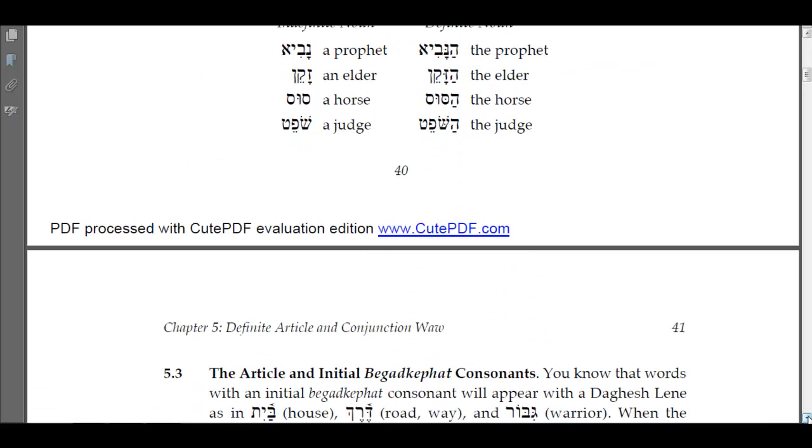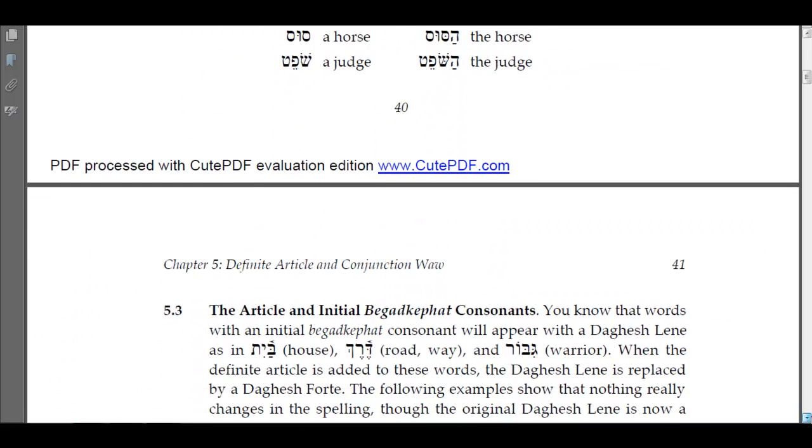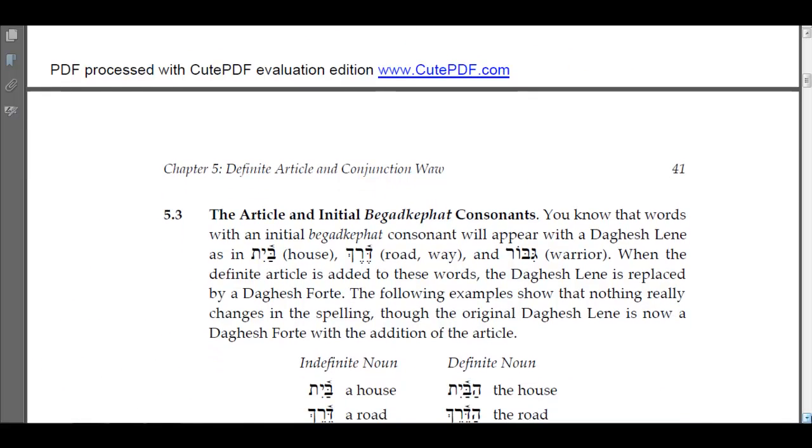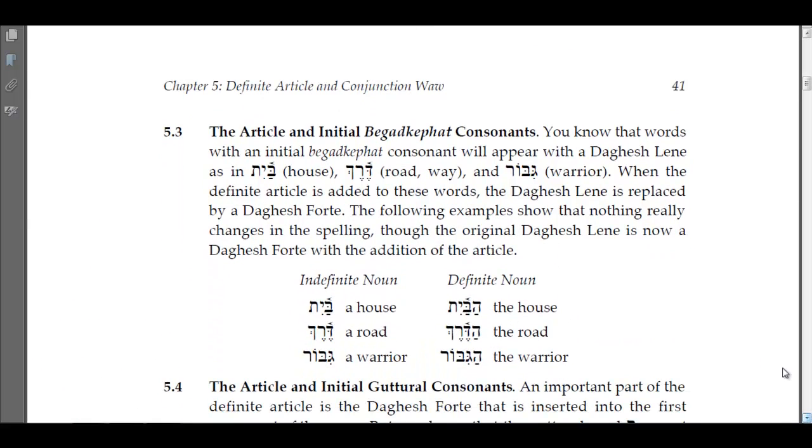So let's go into the article and initial begadkefat letters. You know that words with an initial begadkefat letter, which is a bet, a gimel, a dalet, a kaf, a pe, and a tav, will appear with the dagesh lene, as in bayit, and in derek for road, and in gibor for warrior.